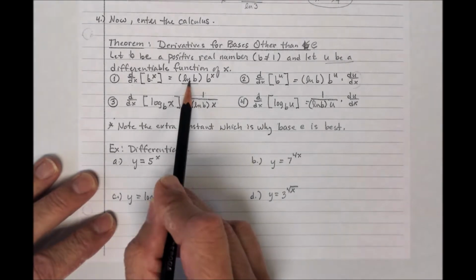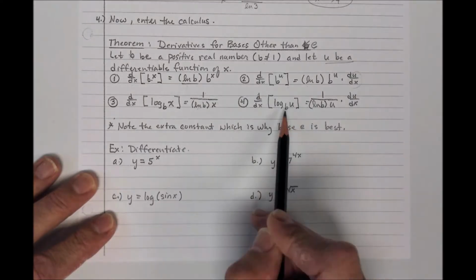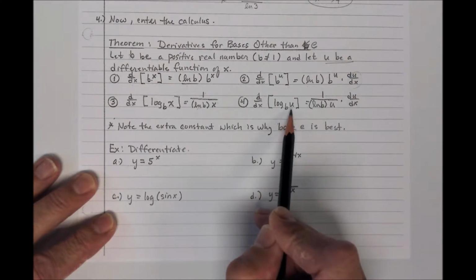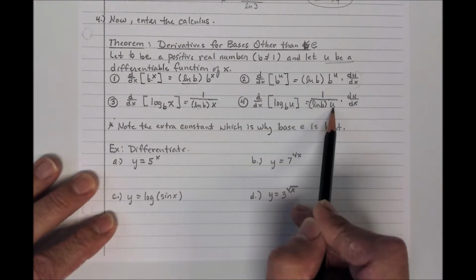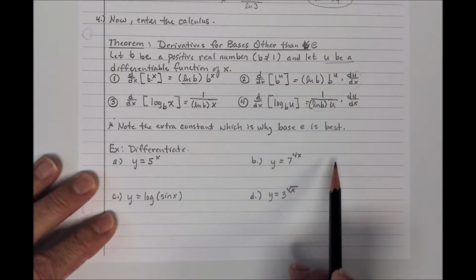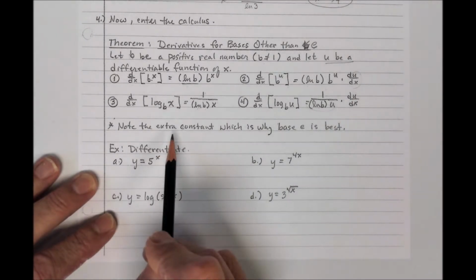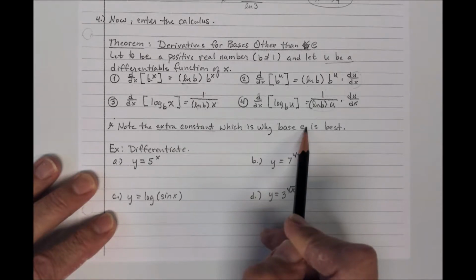Here it was up top, but here it's in the denominator, the natural log of b. And then for the chain rule here, it starts out the same way. It's 1 over the natural log of b times u in the denominator, but then times du dx, the chain rule.